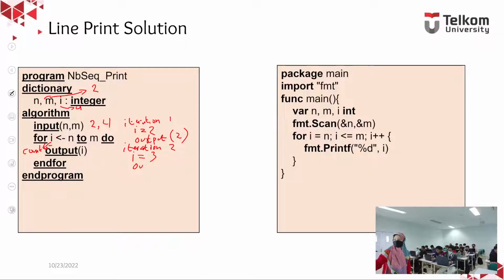And this also outputs 3. Next, iteration 3, i is 4. So this is the end, right? Because for i from n to m, and m is 4. i is 4, and the output is 4.